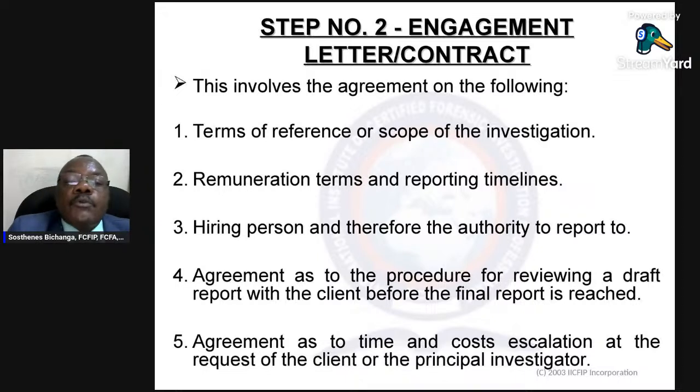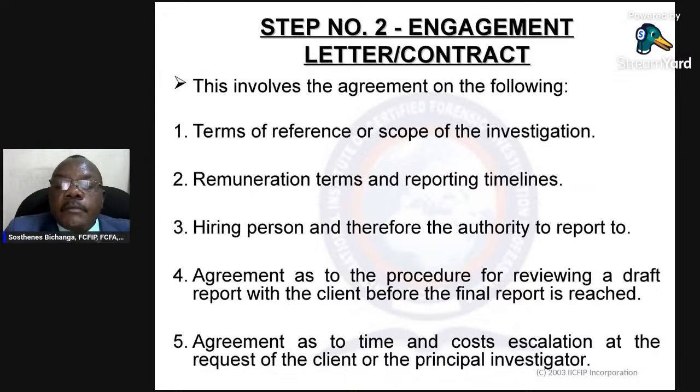We will only come to number 2 if we have decided that we are capable of carrying out the investigation to the satisfaction of the client and to the highest professional standards, so that no one will come to accuse us of anything.